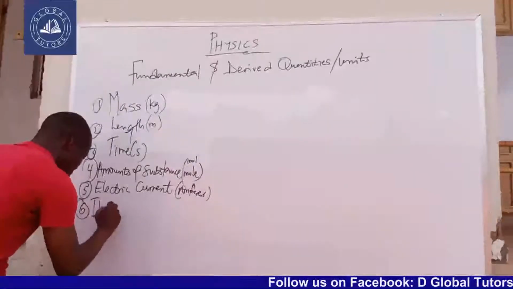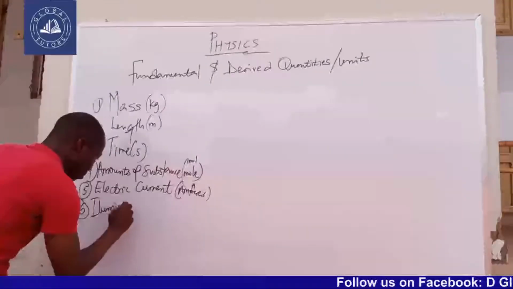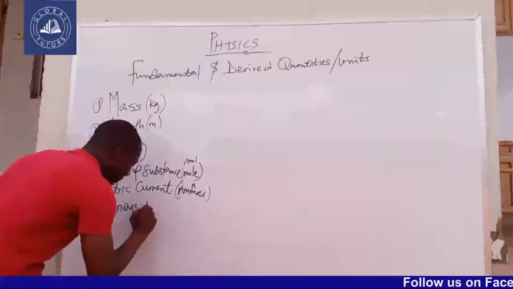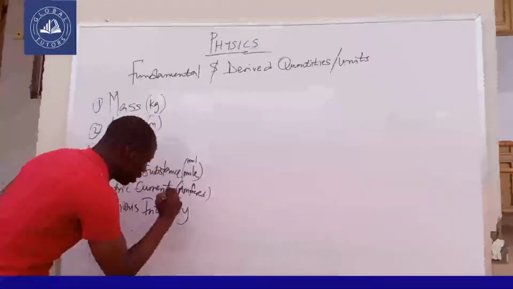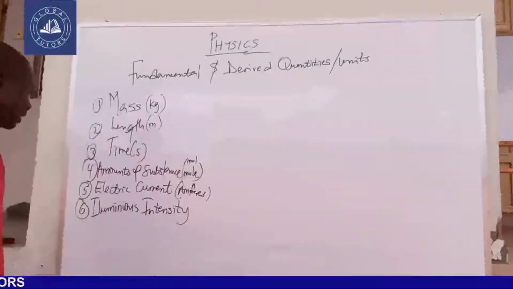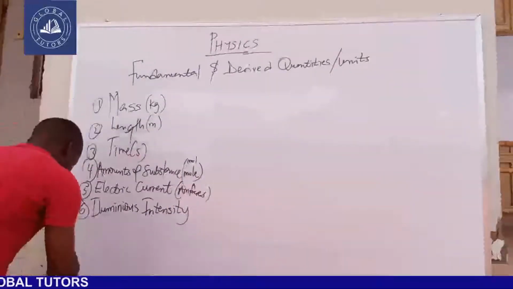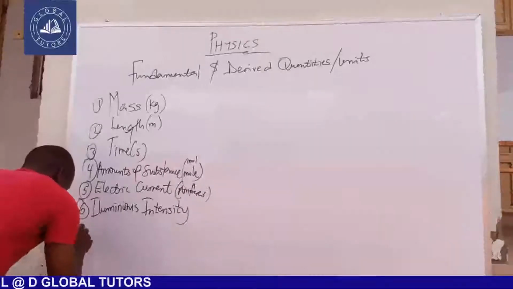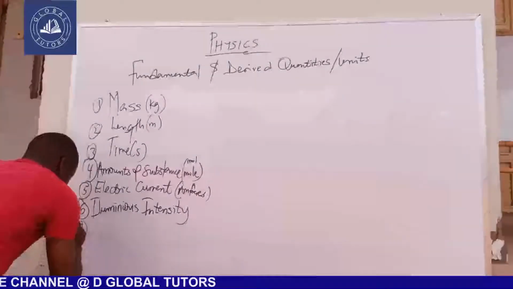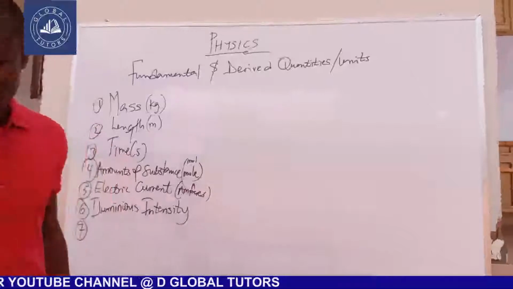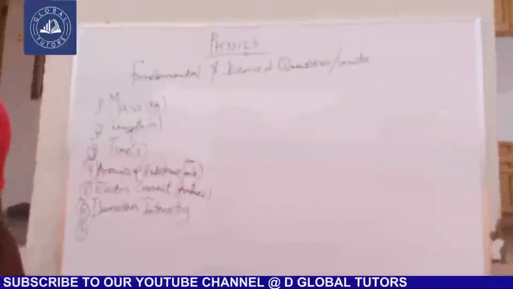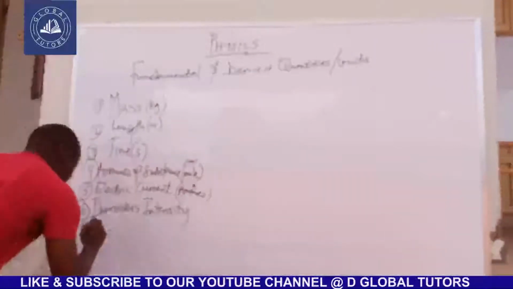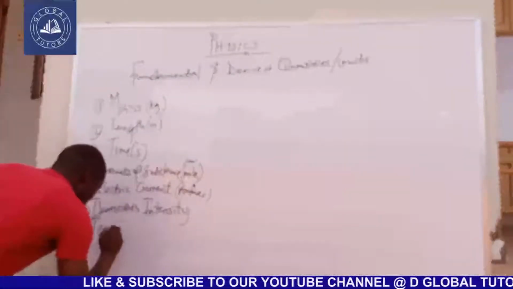Also, we have luminous intensity. And the last one, which is number 7, is temperature.